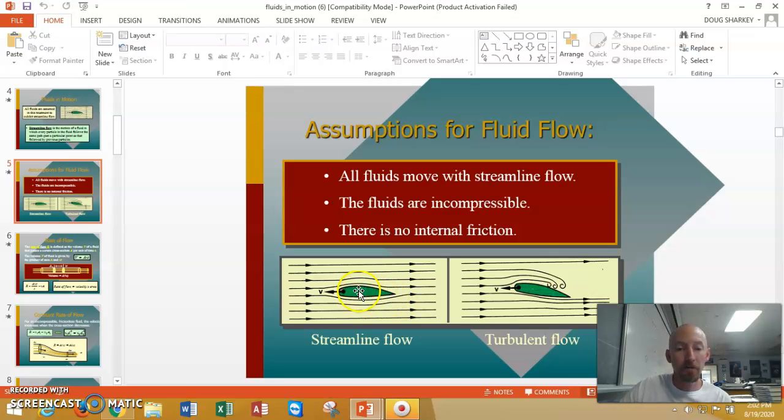When you have streamlined flow, then you have these nice, pretty lines that represent your fluid going past. Turbulent flow is when you get a lot of eddies and you get friction. Well, not so much friction, but you just have air that's tumbling in on itself, and sort of competing forces, let's just say.